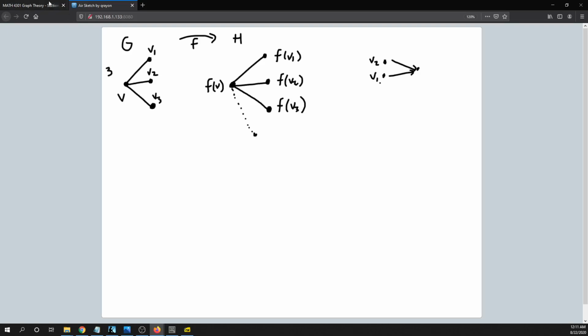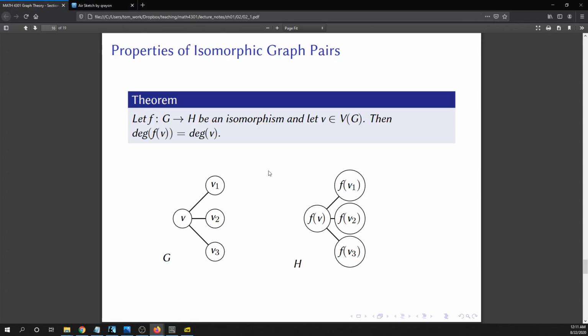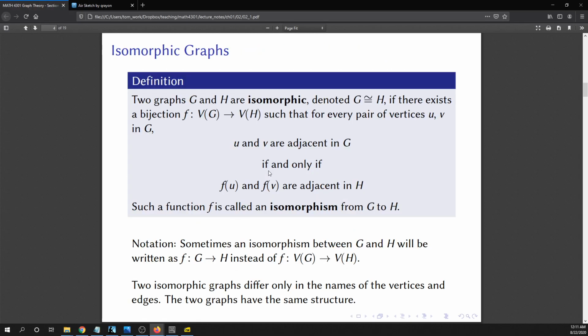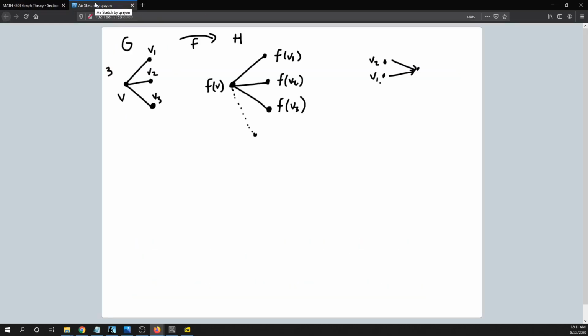Remember the property for the edge adjacency preserving is that F of u and F of v are adjacent in H if and only if u and v are adjacent in G. So if there was one like that, that would mean there was some other vertex over here in G that was adjacent to V, but we know that can't be, because we know the degree of the vertex V was 3.